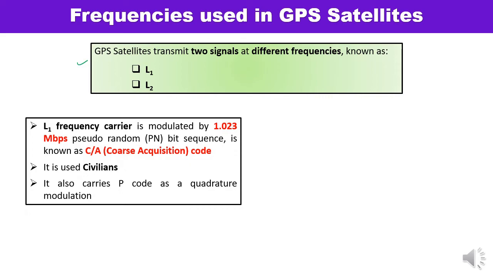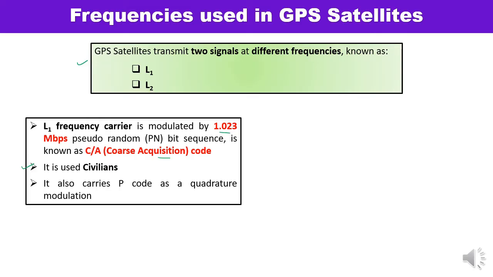L1 is a frequency carrier which is modulated by a 1.023 megabits per second PN sequence, known as the C/A code, which is the coarse acquisition code, and this is utilized by civilians. You must remember where it is going to be used.